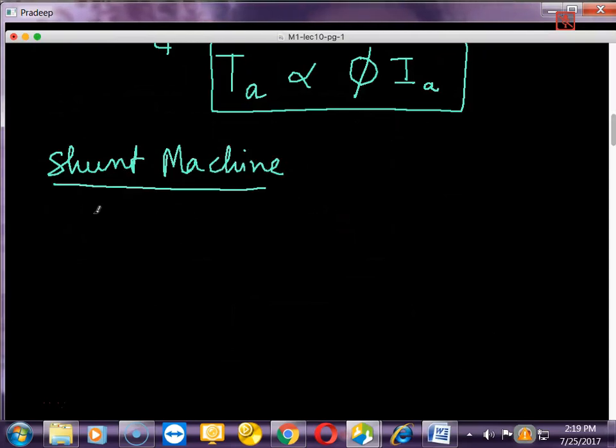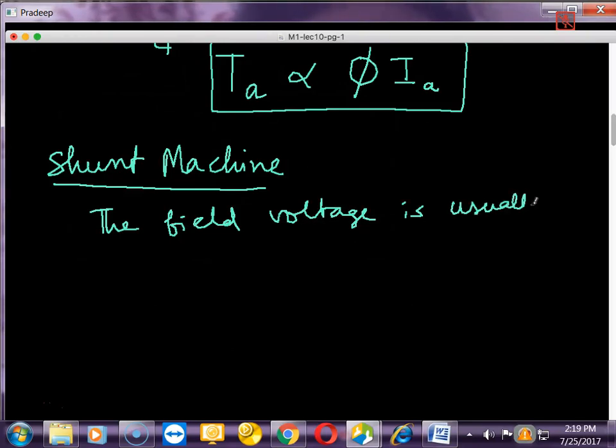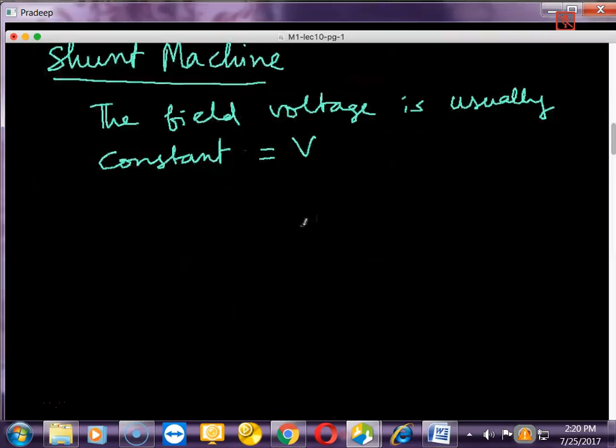So in a shunt machine, the field voltage is usually constant, equal to the terminal voltage. So remember how we connect the shunt machine.